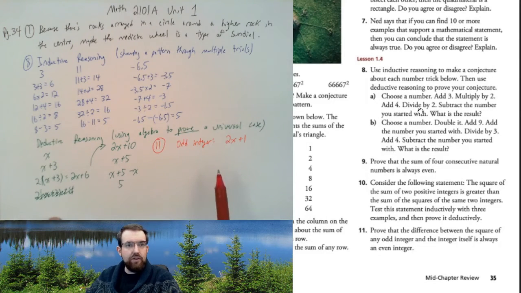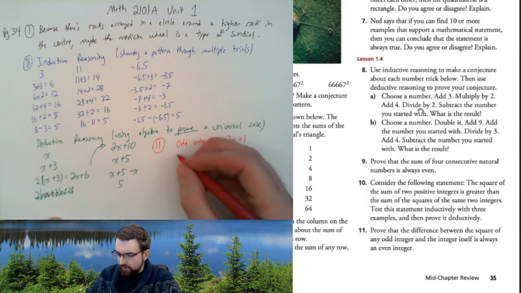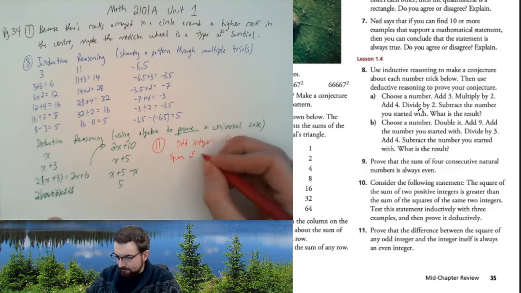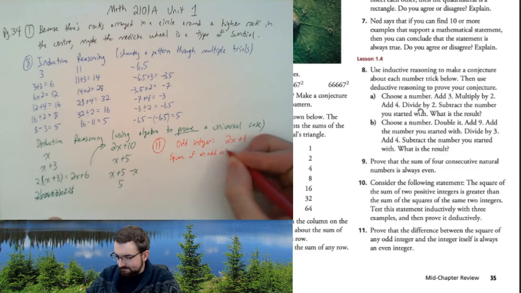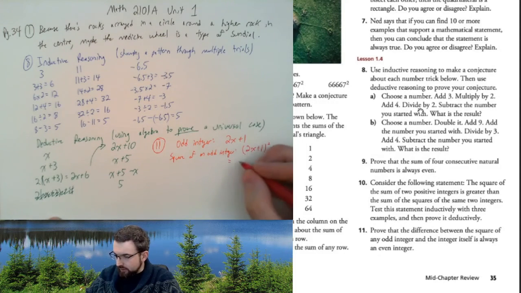So now the difference between the square of any odd integer, so the square of an odd integer is going to be 2x plus 1 squared, which is going to equal 2x plus 1 multiplied by 2x plus 1. I'm just going to write it out.